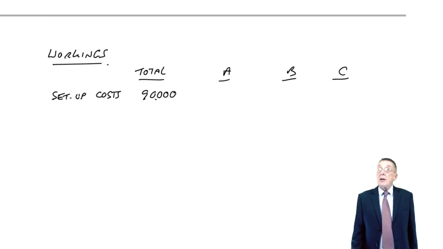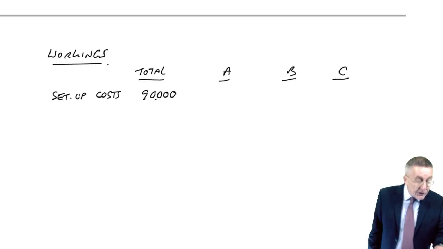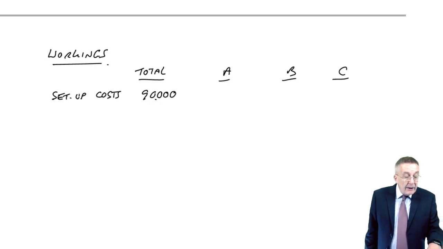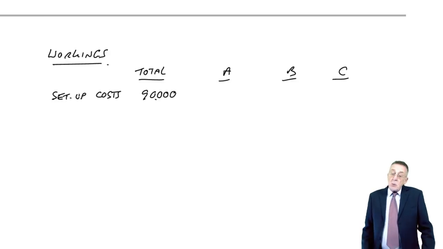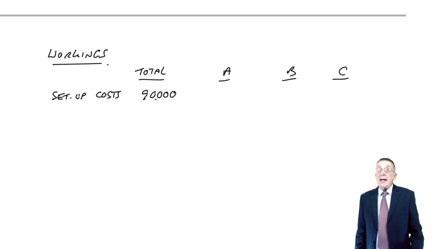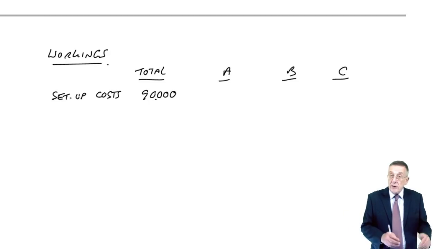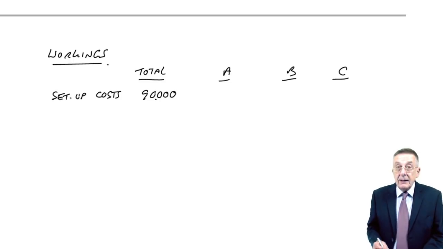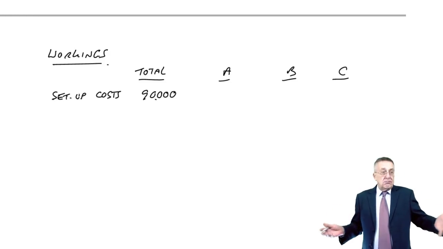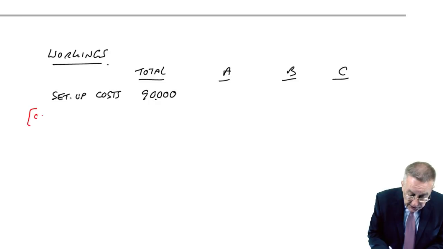Now, I want to charge that to the three products, and what would be the most sensible way? Well, if you look at what we call cost driver data, they're telling us how many times we're setting up. And so wouldn't it be sensible to charge that 90,000 depending on how many times we're setting up the machines for each of the three products? And so what we'll do, we will absorb it, but rather than use our labour hours which have nothing to do with it, we'll work out the cost per setup.